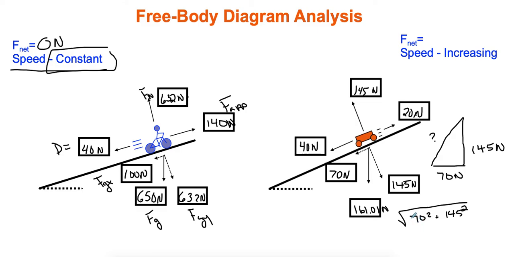Okay, so then we know that this thing is increasing going down the hill or down the slant, and we need a net force. So we have a 40 Newton force that's pulling it down. Maybe this would be tension or something like that. And then we have this force, which is that piece right there.